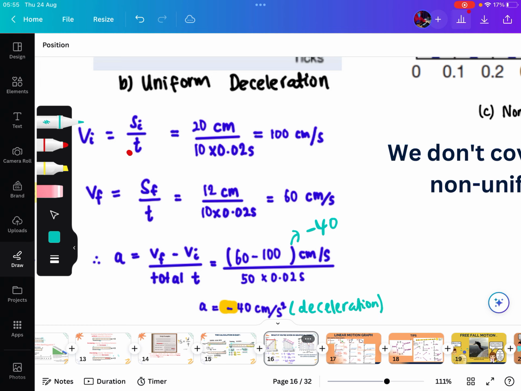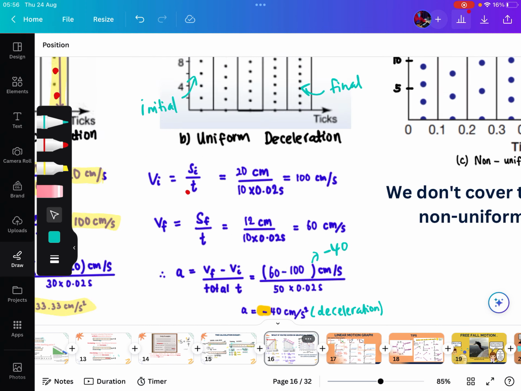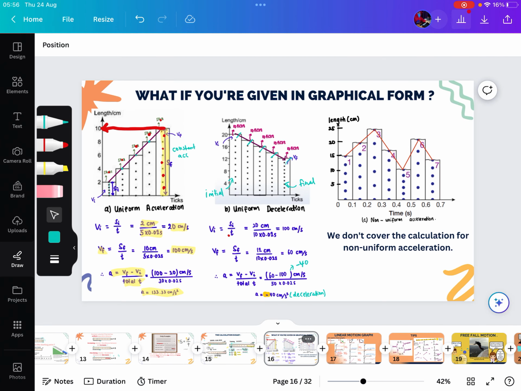But actually sometimes a minus acceleration can be associated with the direction, not because it is decelerating. That's another topic to be discussed, but I will not touch on that. And for the non-uniform acceleration, because the textbook doesn't cover that, I will not discuss it.